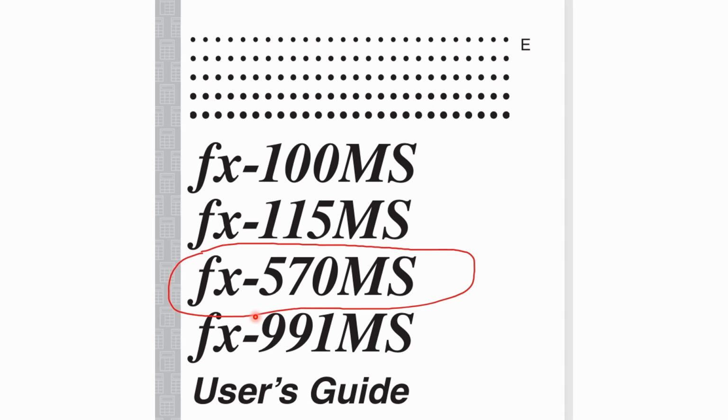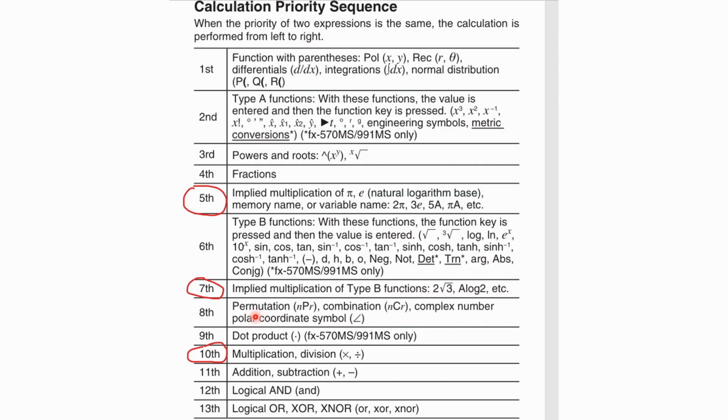Now here's the FX 570MS. This would be another calculator here where it says in the calculation priority sequence, the fifth step is implied multiplication of pi or the natural logarithm base, such as 2 pi, 3e, 5a, etc. Then you have your type B functions with square roots and so on. And then you have another implied multiplication. You get all the way down to step 10 where it says multiplication division.